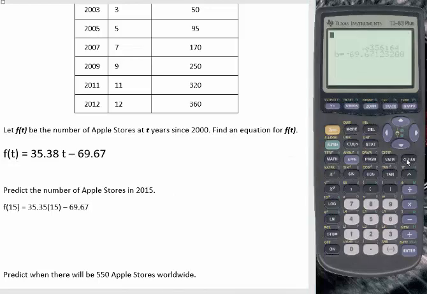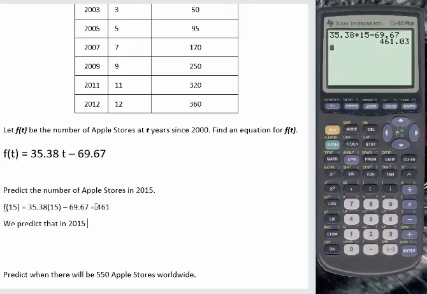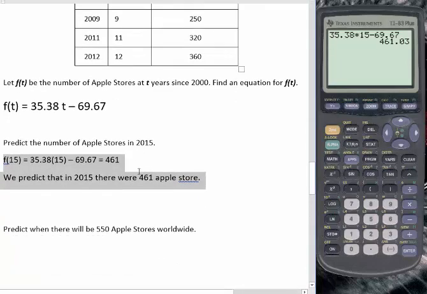Just going to plug that quickly into my calculator. What I'm getting here is roughly 461. So what this is saying is we predict that in 2015 there were 461 Apple stores. All right, great. So far, so good.